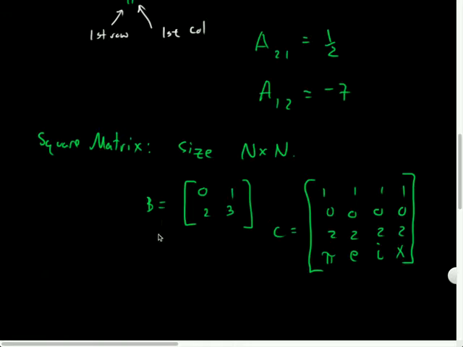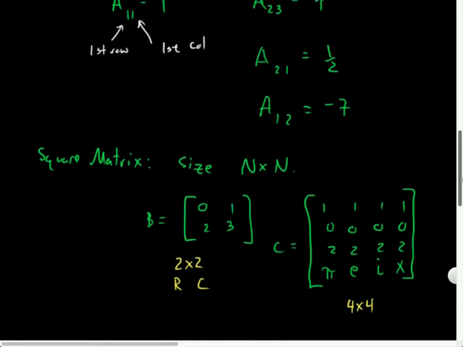What's the size of matrix B? The square is the shape, but what's the size? 2 by 2. And the size of matrix C would be 4 by 4. Right? So it's always rows and then columns. RC, remote control.